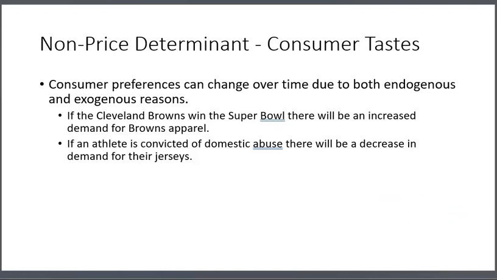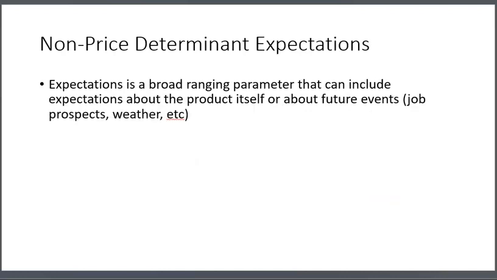A final thing that could impact the demand curve are expectations, and expectations is a really broad category. It could be expectations about the product itself, so how well you think the product's going to perform. It could be expectations about future events, like getting a better paying job. And so let's think about the better paying job aspect.